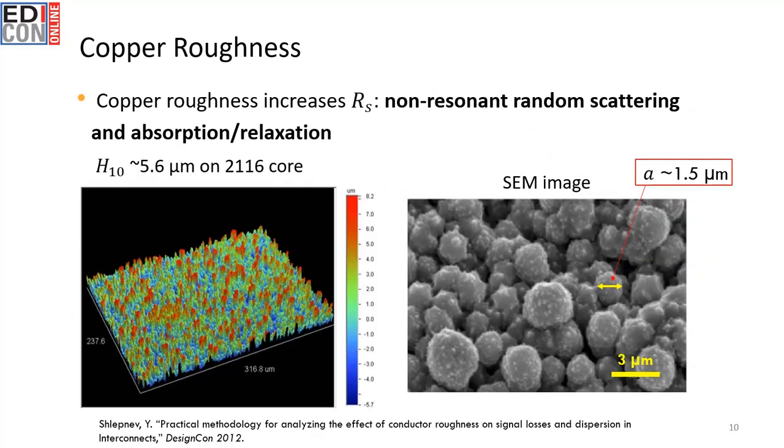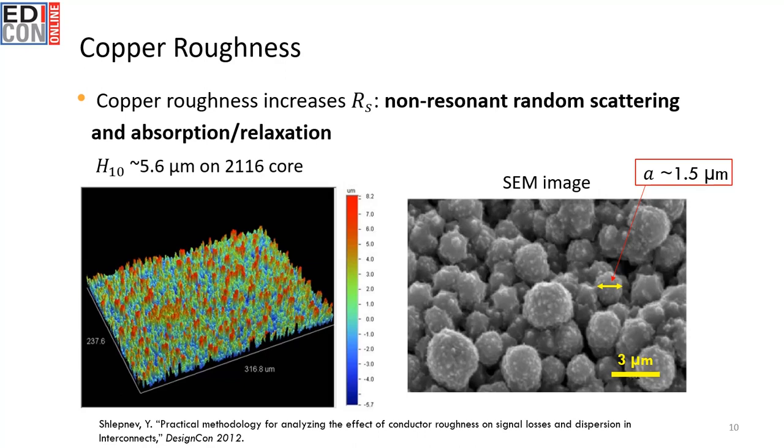So I mentioned copper roughness earlier. To get to a causal model for copper roughness, we need to do a little bit of math and enforce a Hilbert transform on the real and imaginary parts of our copper roughness term. And to do that, you actually have to consider not just the roughness of the surface as a whole, but also the individual particulates that make up that roughness.